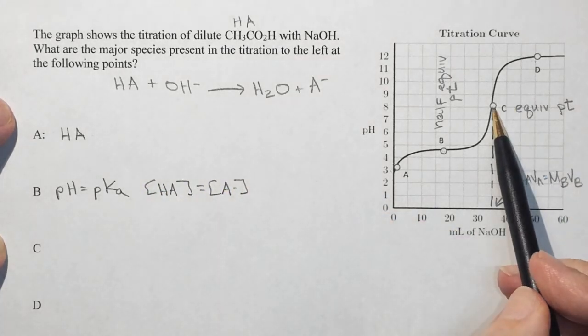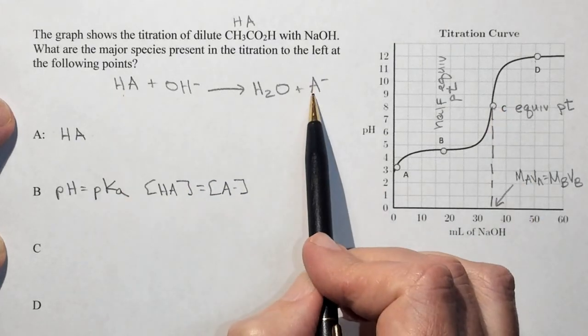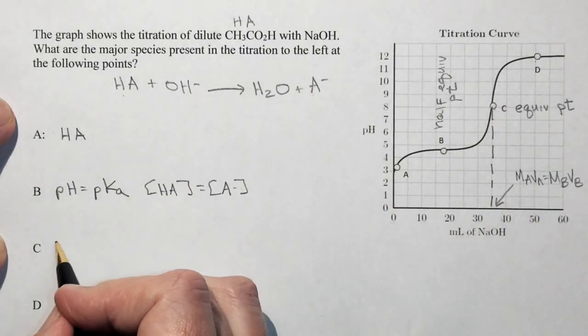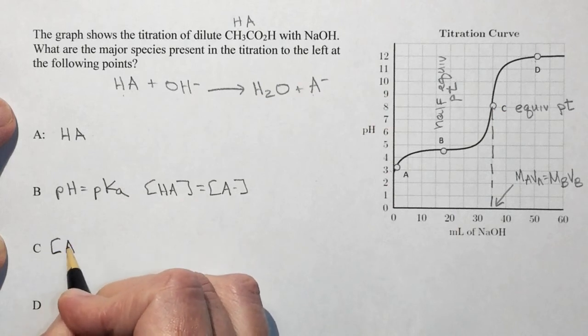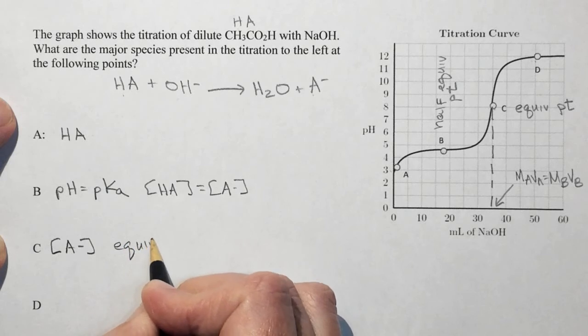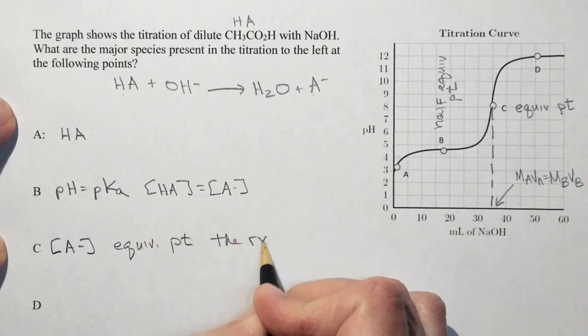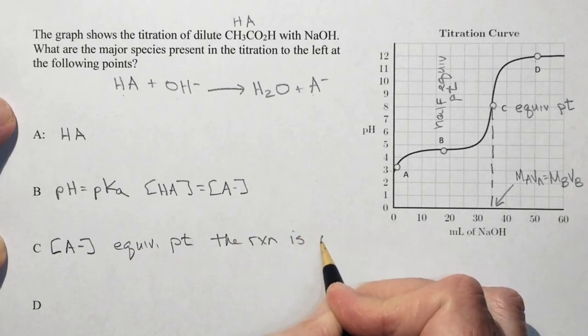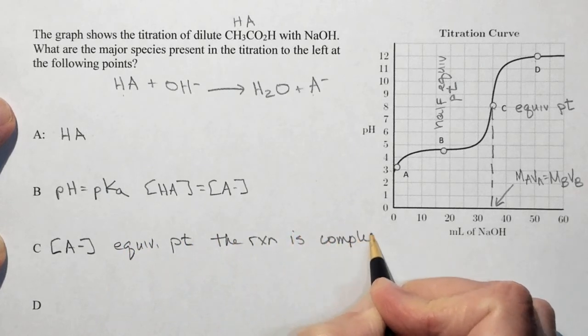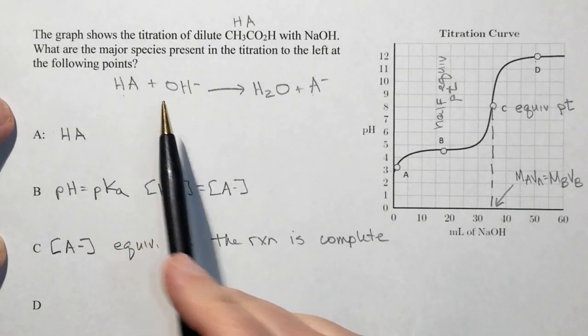At the equivalence point, we have consumed all of the HA, so that all we have left is A-. So this is our equivalence point, and the reaction is complete. We've used equal numbers of moles of acid and base.